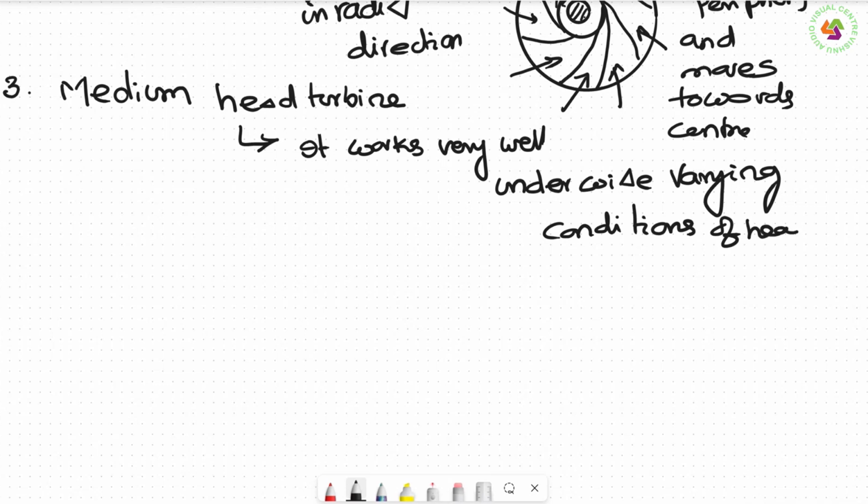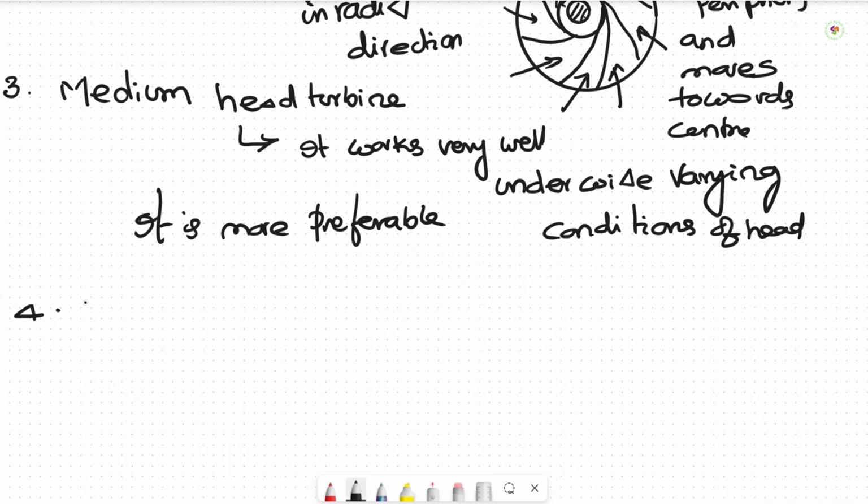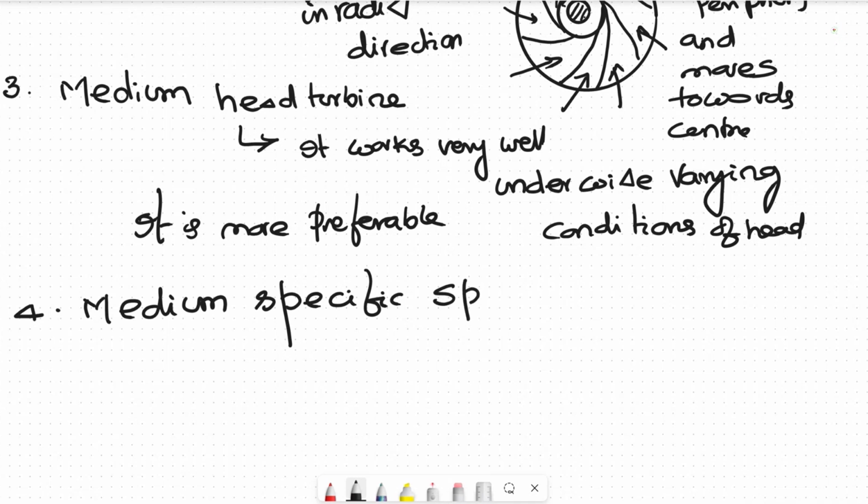That is why it is more preferable. Fourth, it is a medium specific speed turbine. So these are the four characteristics.